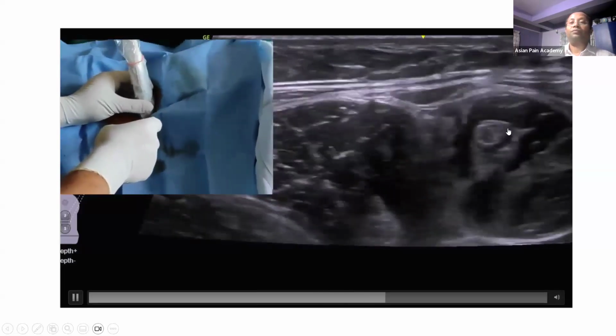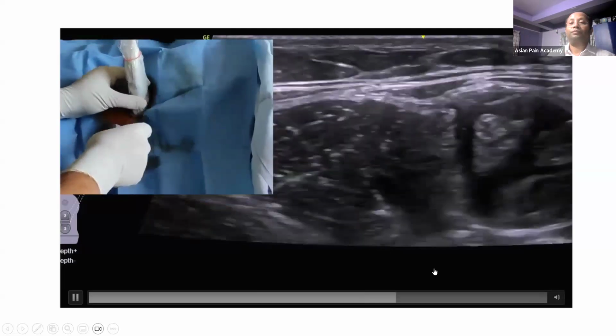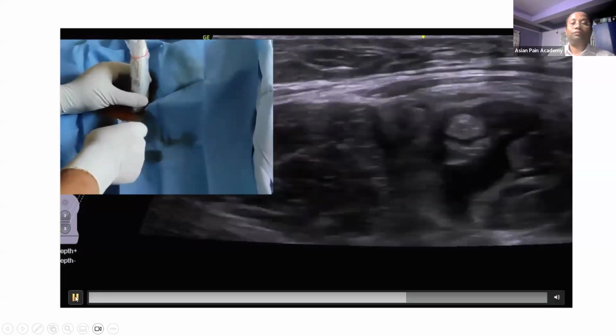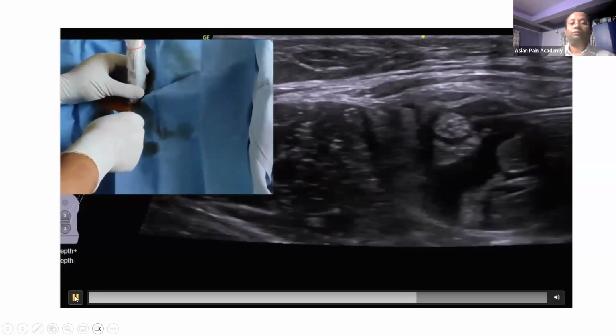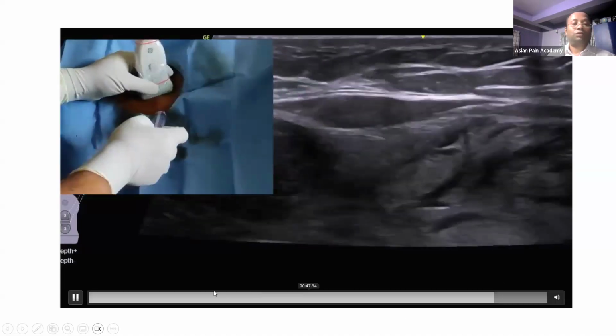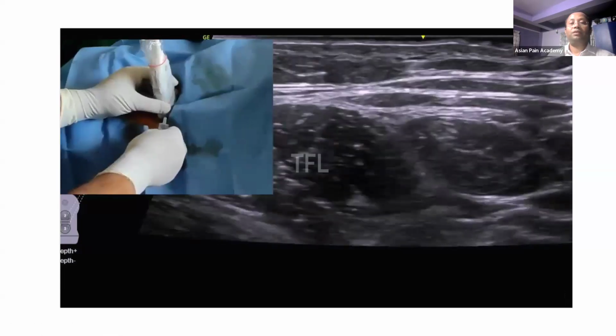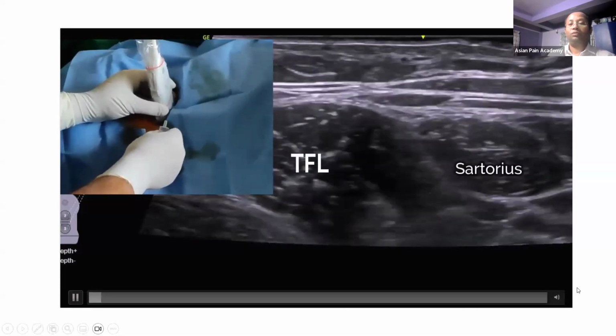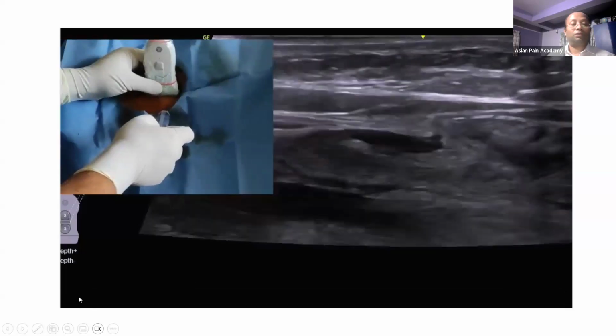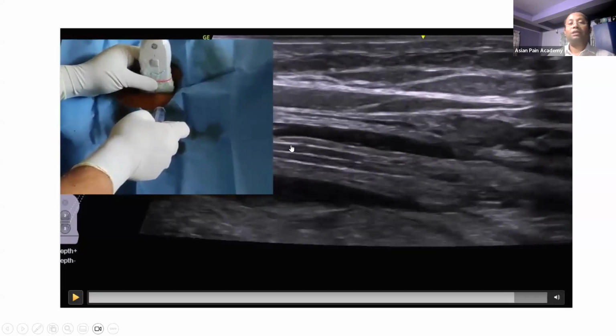So this is the nerve. In a long axis view, if I see the nerve, this is the nerve. This is the nerve in long axis view.